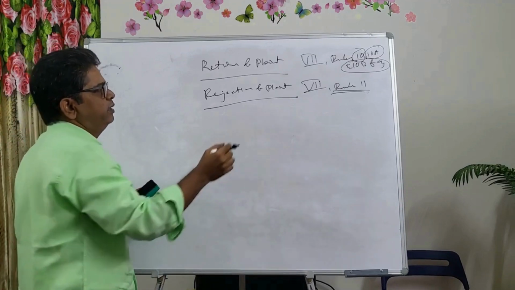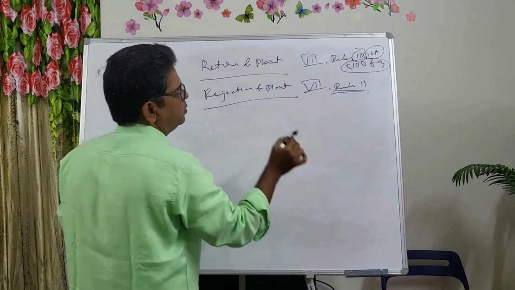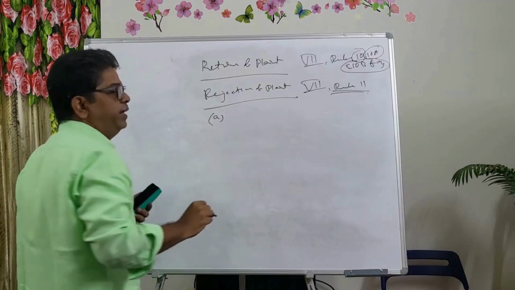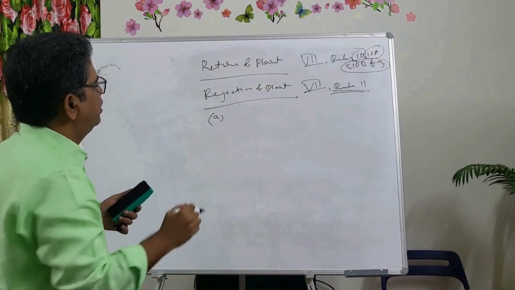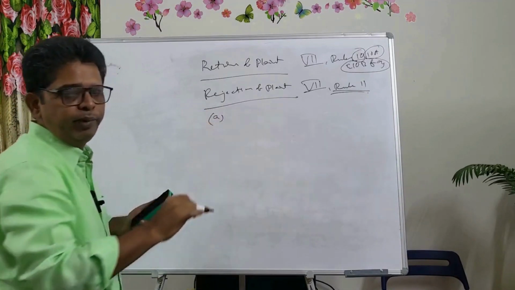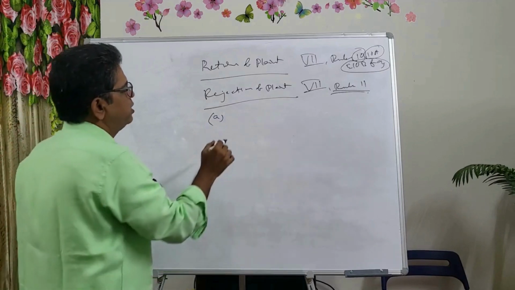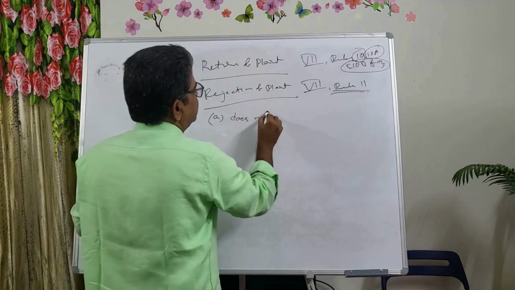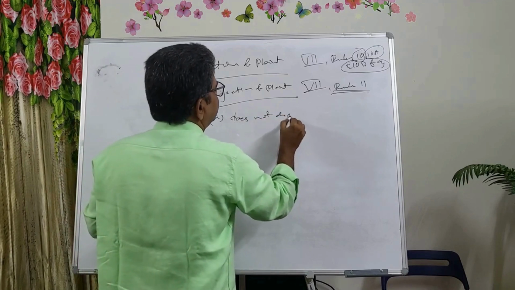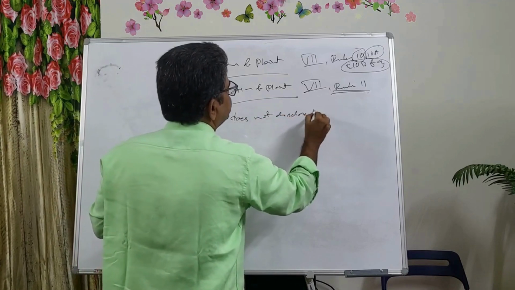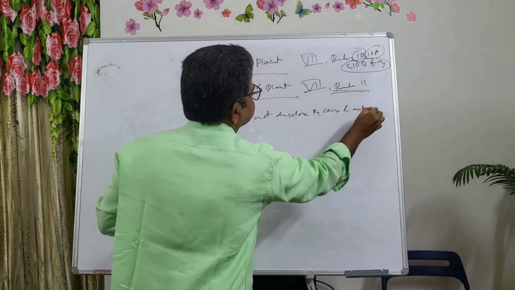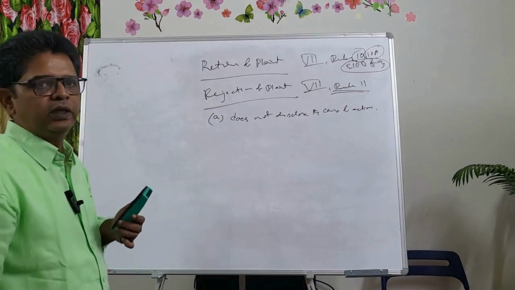Rejection of plaint. There are 5 or 6 clauses in Rule 11, and number A is that the court can reject the plaint if the plaint does not disclose the cause of action. Okay.